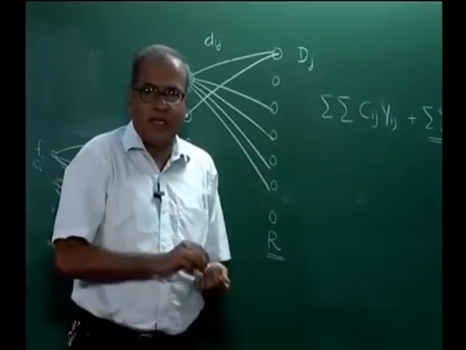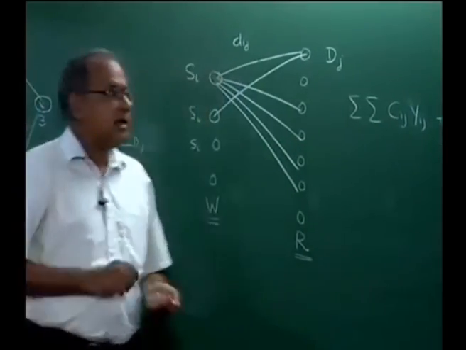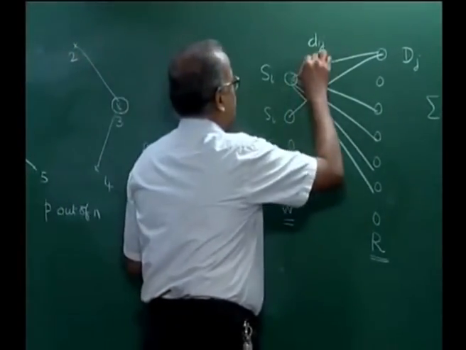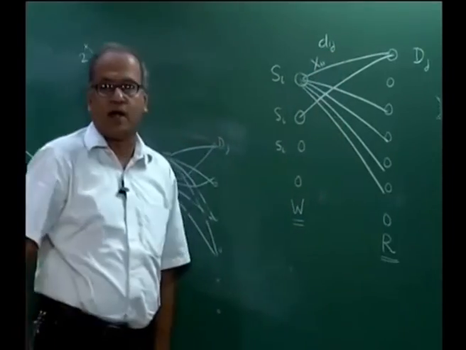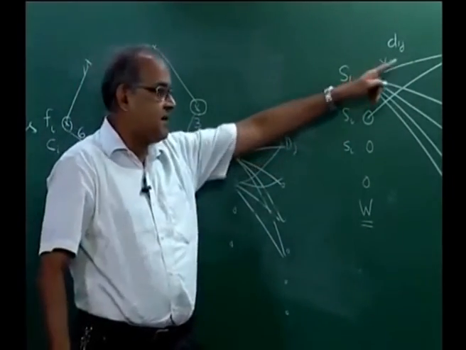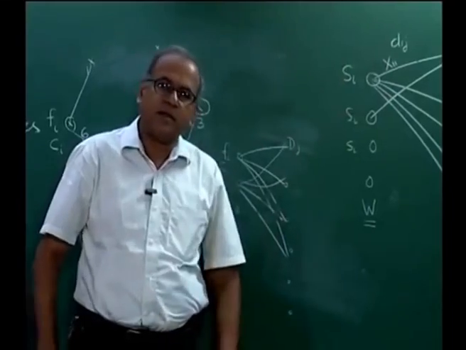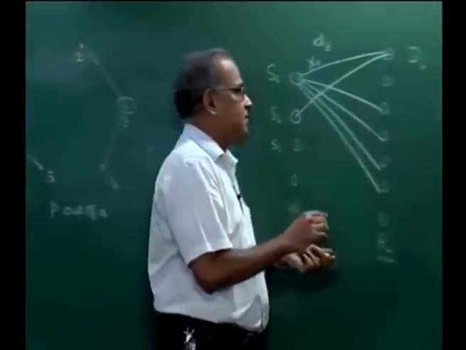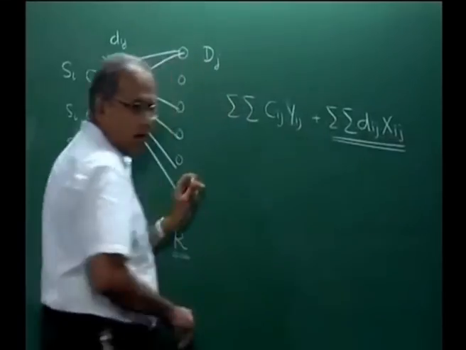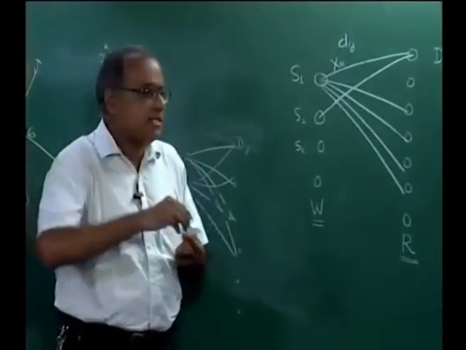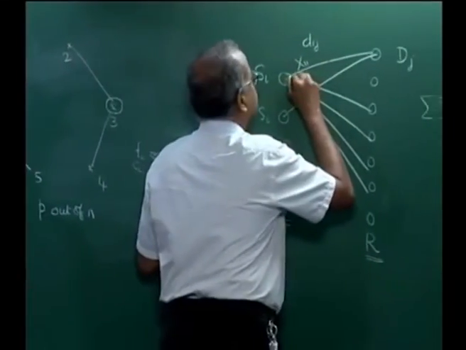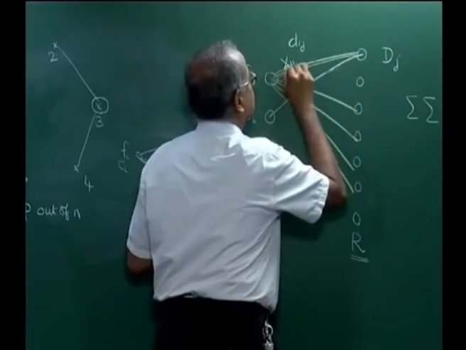Now, we introduce a Yij and say that if, for example, I transport a quantity X11 from the first supplier to the first demand, now the cost of transportation will be D11 X11, but there is an additional cost which is called a fixed charge of doing this.